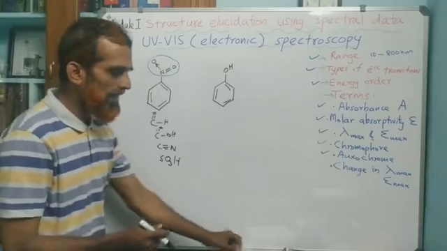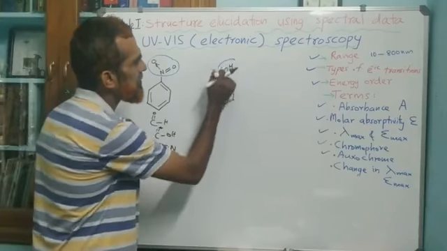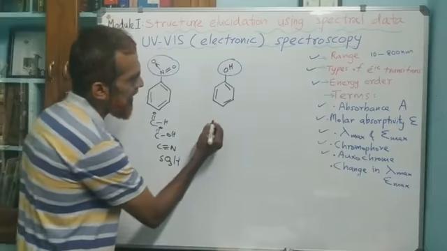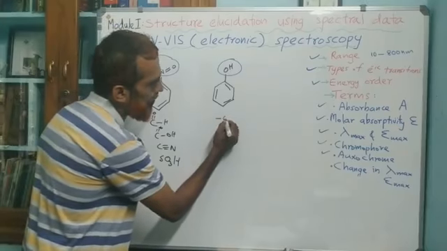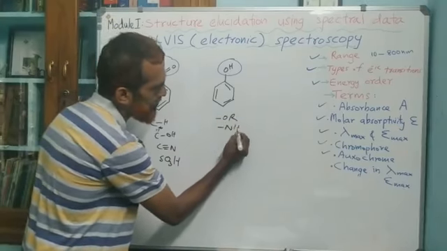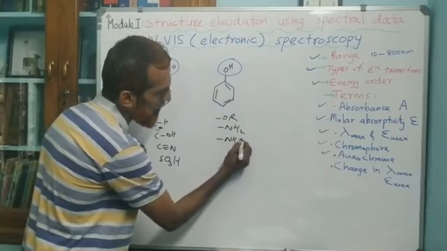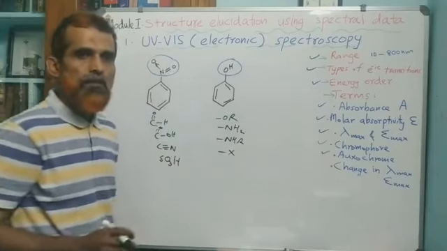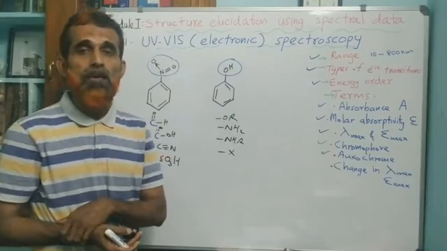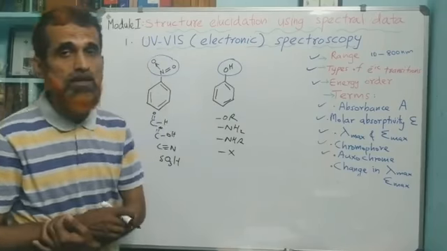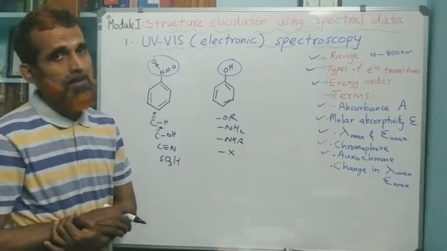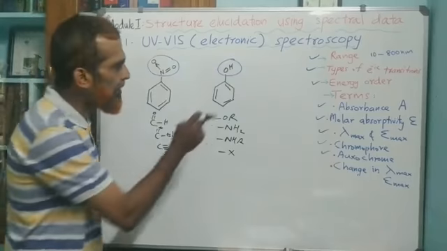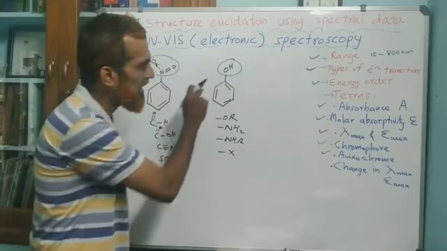Whereas groups like OH group, and similarly OR, NH2, NHR, halogen X, etc. These groups do not have characteristic absorption above 200 nanometer, but when they come along with a chromophore, remember benzene itself is a chromophore because it contains double bond.